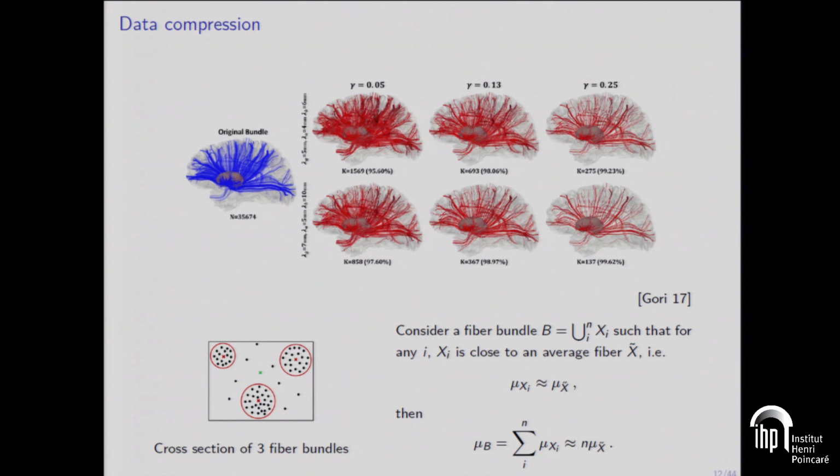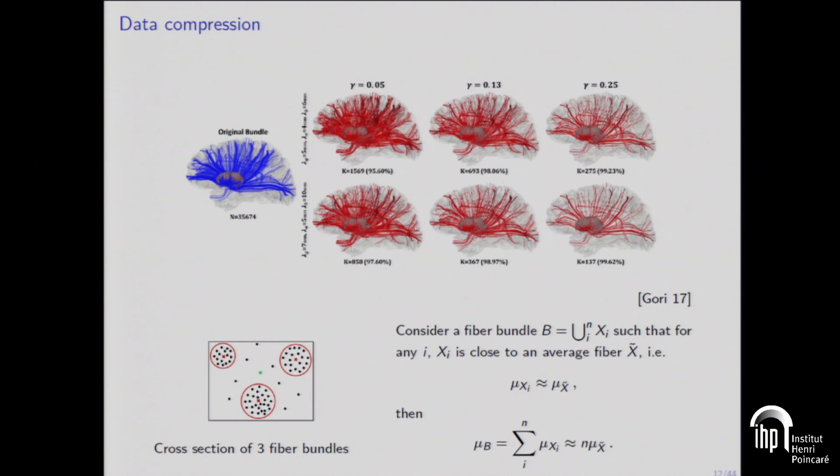is data compression. They're dealing with white matter fiber bundles, and the problem with this object is that you have, for example in their data, 35,000 fibers. These fibers are connecting the different areas of the brain, and there's a lot of interest in these objects.